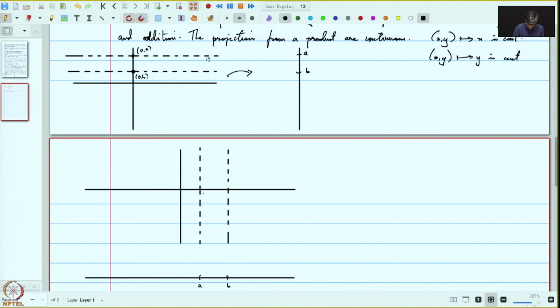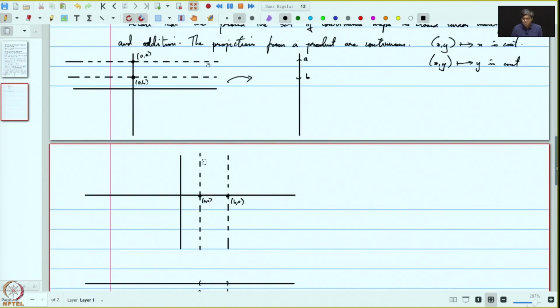So this point is A comma 0, and this point is B comma 0. Right? And clearly this is also open because given any point here, we can always find a square. So now both these projections are continuous.